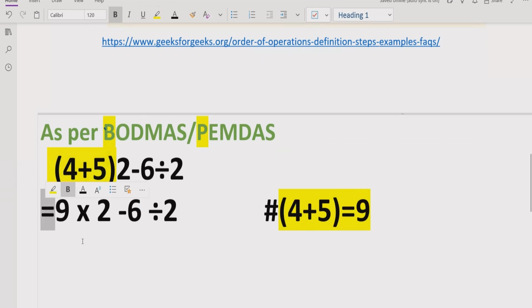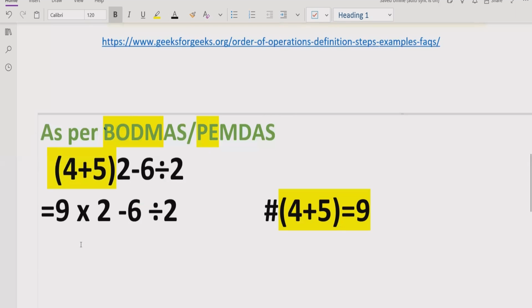Now we do not have any parenthesis in our expression, so we can move forward. Next we check the exponent. Fortunately, our expression does not contain any power or any number which has a power. So now we move forward and look at the division and multiplication.